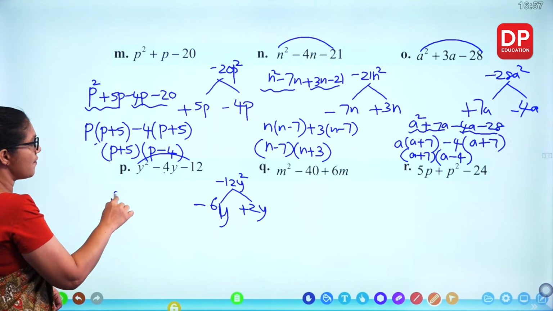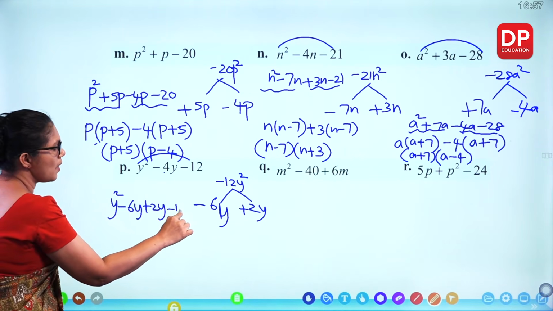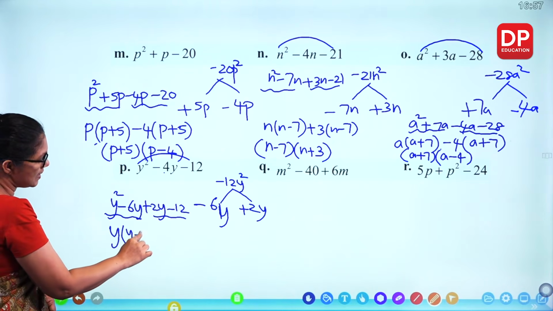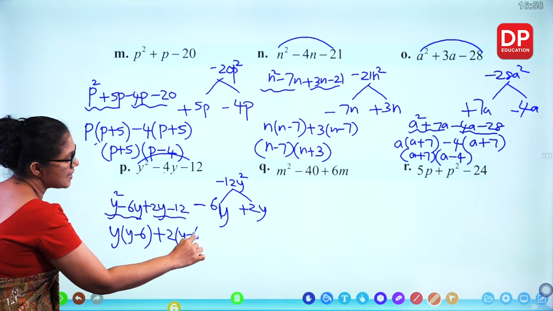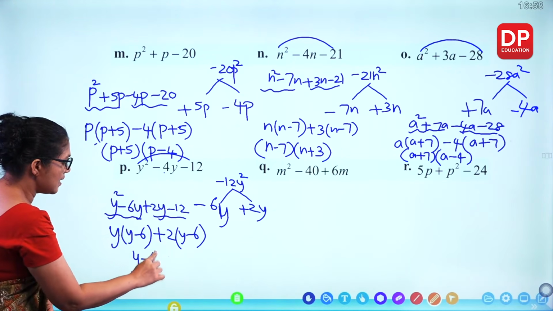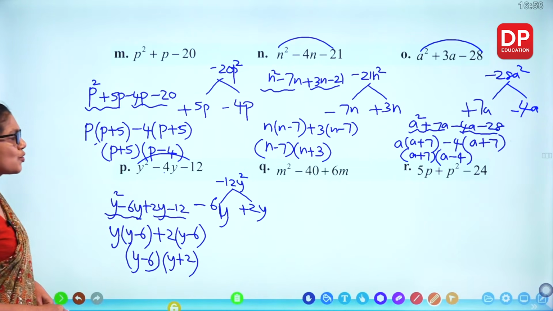So you can write middle term as minus 6y plus 2y minus 12. Take 2 at a time. We can write y minus 6. Take 2 out. You get y minus 6. Now again y minus 6 is common. Take it out. The remaining part is y plus 2.